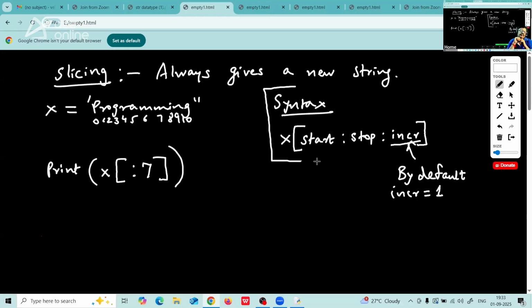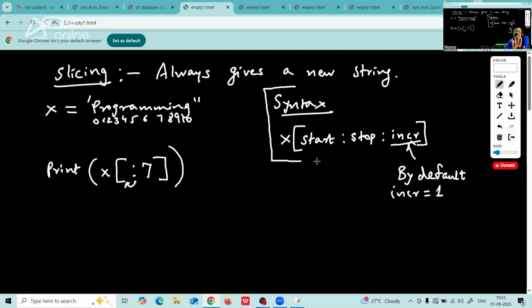Now you see, before this colon there should actually be start, and after this colon there should be stop that we have given, and after stop there should be increment. We have not given increment, so by default increment is +1. So here increment is positive. What about start?